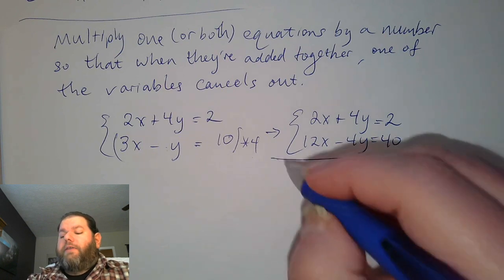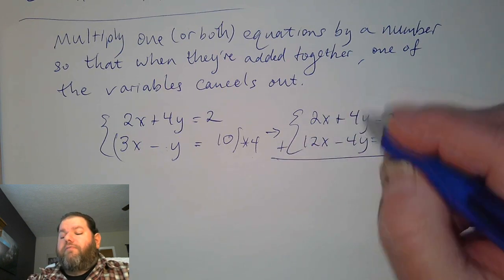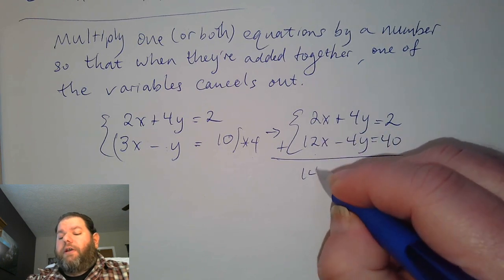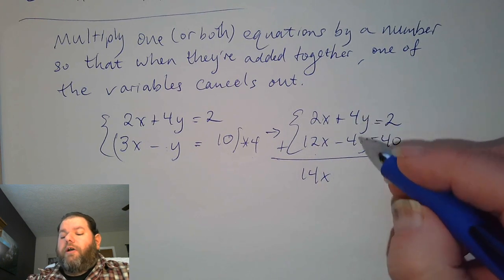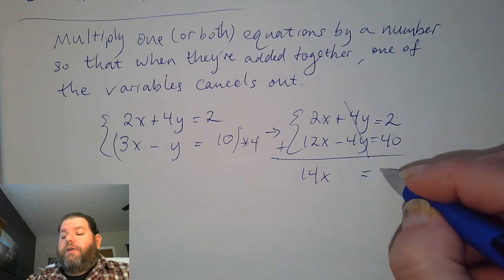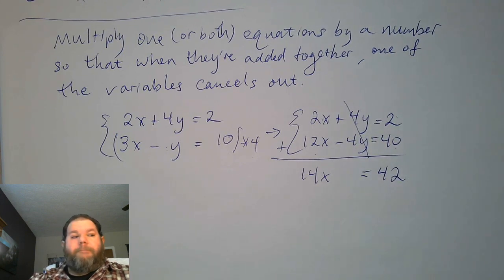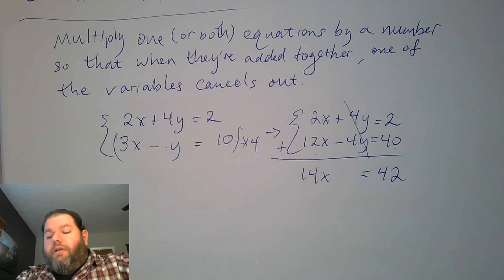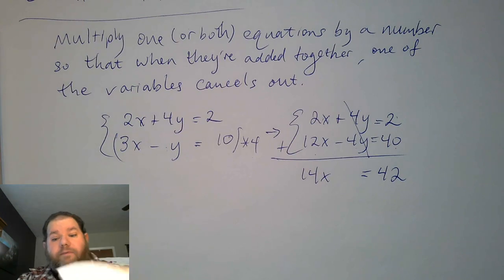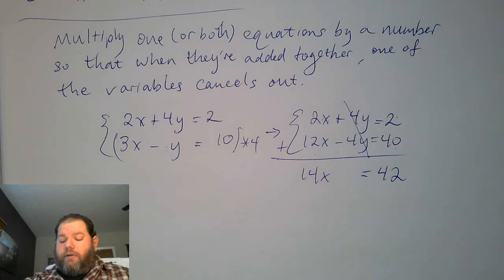And so when we add these together, we add each term vertically. 2x and 12x is 14x. 4y minus 4y cancels. And 2 plus 40 is 42. Now, you see that after one step, we've arrived at 14x equals 42.